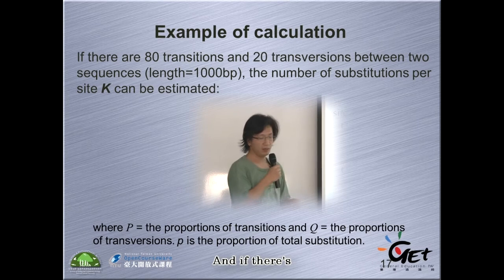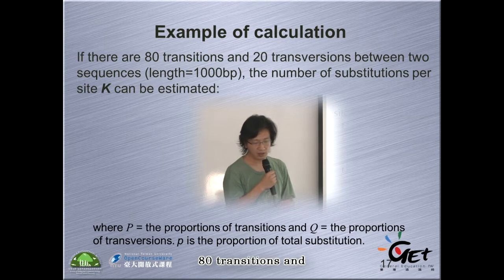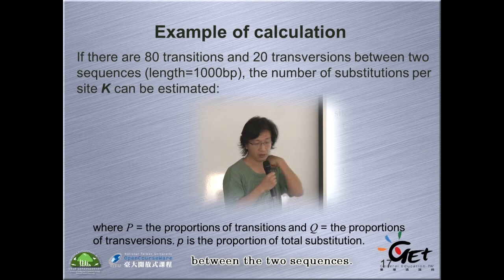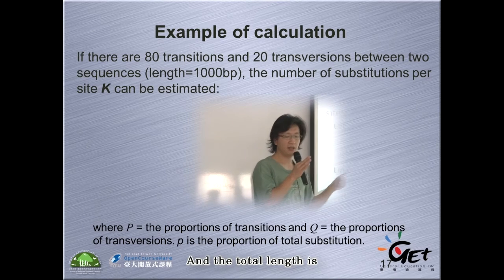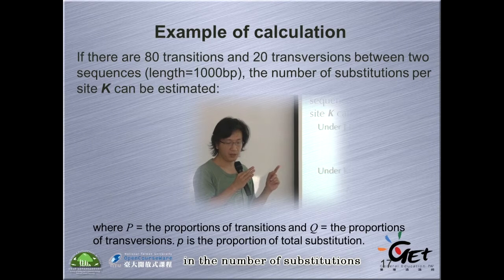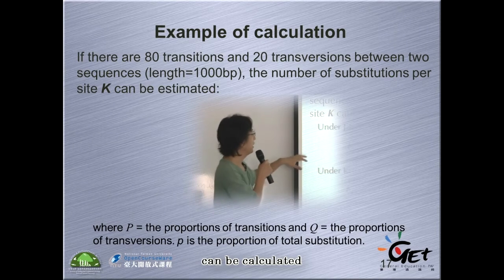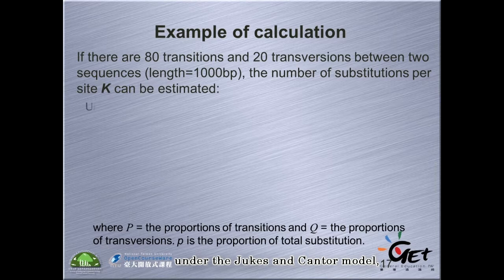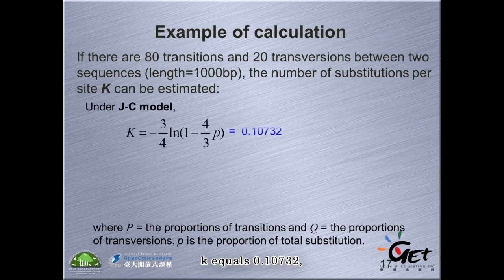If there are 80 transitions and 20 transversions between the 2 sequences, and the total length is 1,000 base pairs or 1 kb, the number of substitutions per site K can be calculated under the Jukes-Cantor model. K equals 0.10732, and P equals 0.1 in this case.